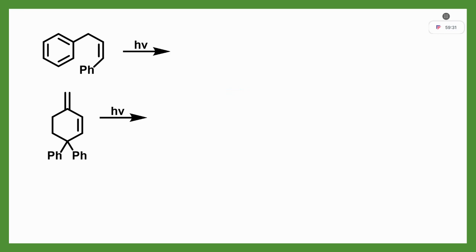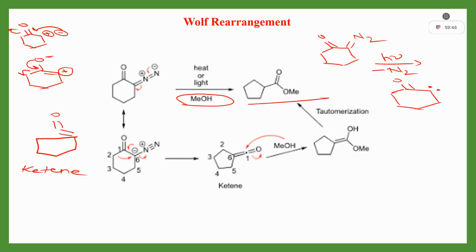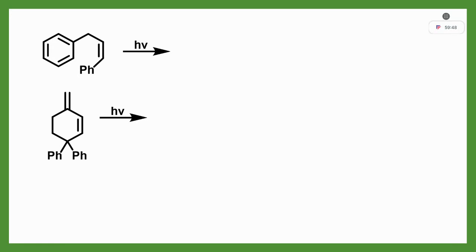So, have you attended that di-pi-methane rearrangement explanation, Prashant? Okay, I will explain again for you. Then what you have to do? This question, this one, I will solve for you, and this is your homework.